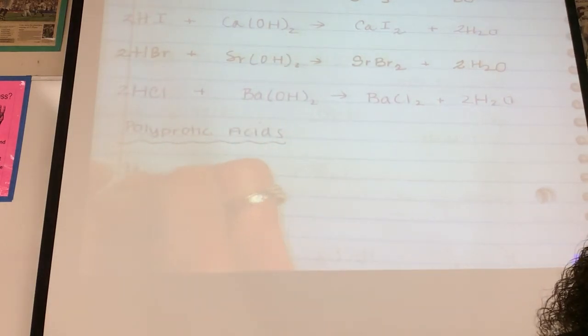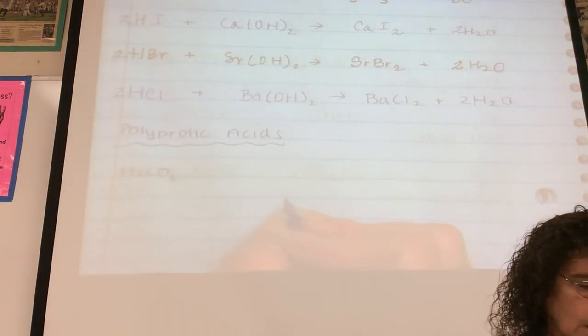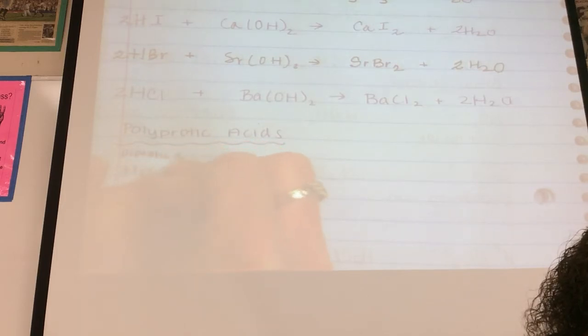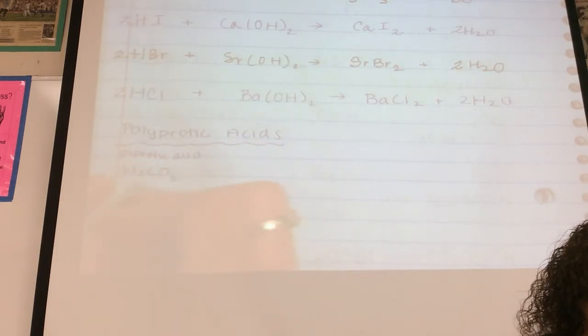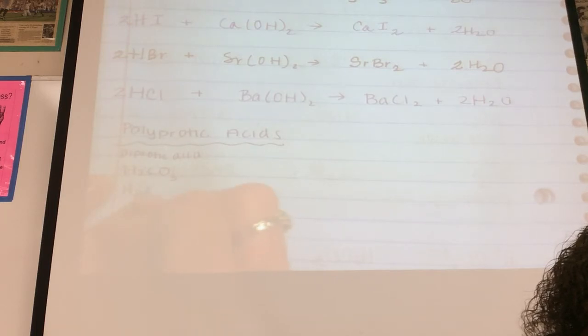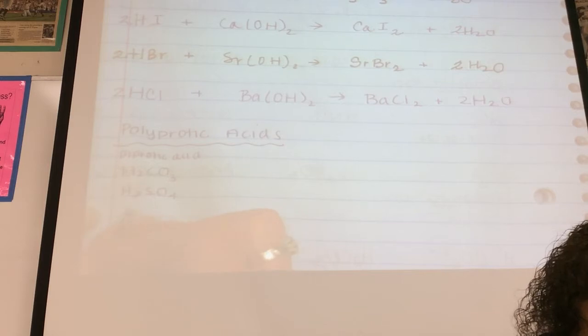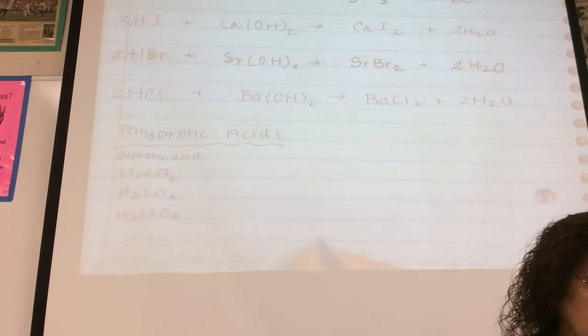For example, carbonic acid is a diprotic acid. It has 2 ionizable protons, as is sulfuric acid, chromic acid, and there are many other examples.